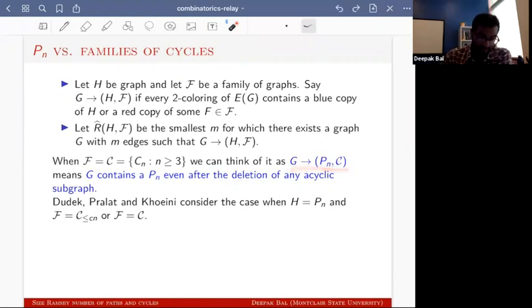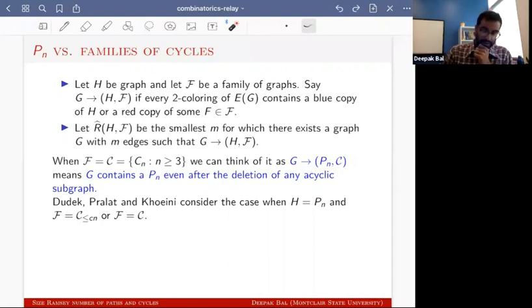This property is the same as G containing a P_n even after the deletion of any acyclic subgraph. You have an adversary who can delete any forest from your graph, and you want G to have the property that no matter what forest they delete, you still have a long path. That's essentially what G arrows (P_n, C) means.